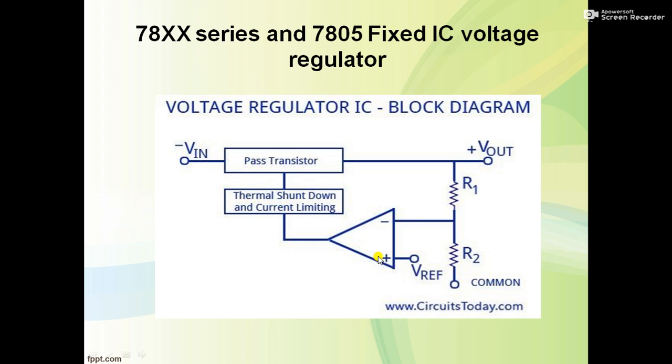And at the other input terminal of the op-amp, we take one reference voltage. So when we simultaneously apply the reference voltage and Vout, the output of this op-amp gives the difference between the two input signals.